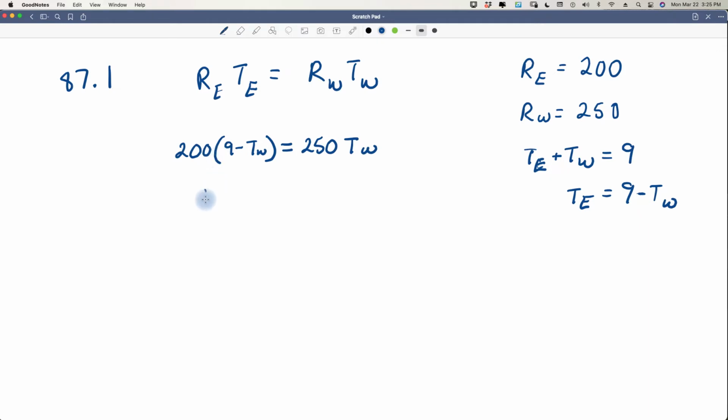So 200 times 9 is 1800, minus 200 TW, equals 250 TW. So we're going to add 200 TW to both sides.